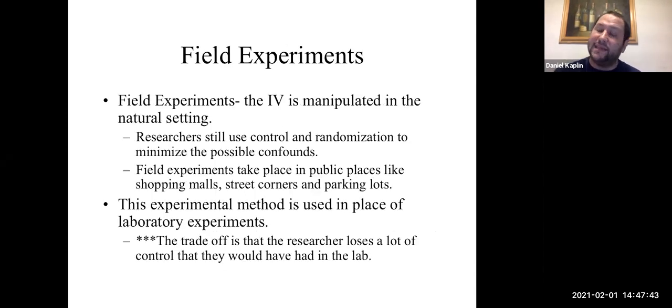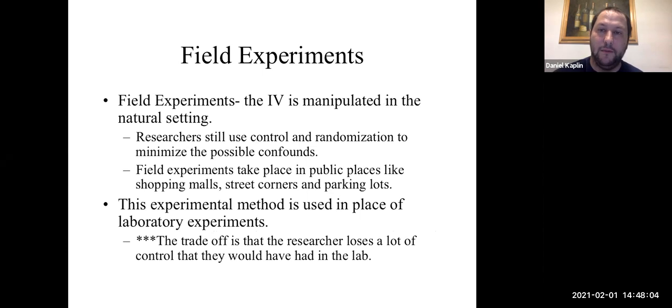Now, I did say that there are field experiments. Now what's happening is your manipulations happen in a real world. One challenge with that, though, is you don't have as much control, and you have the potential for confounds.